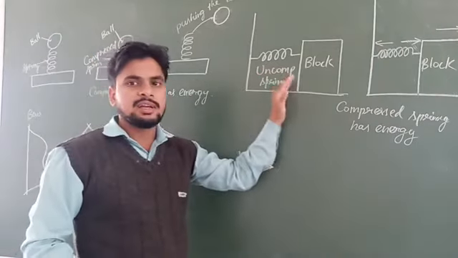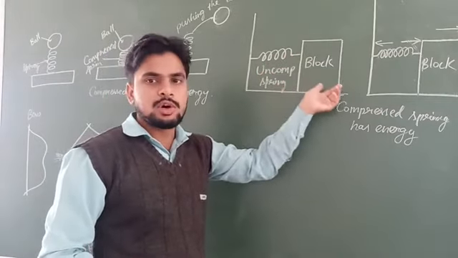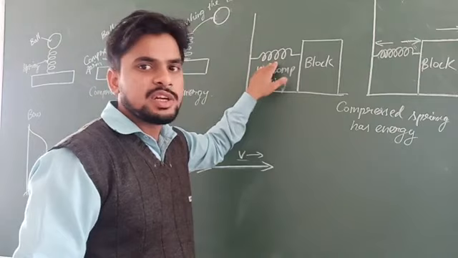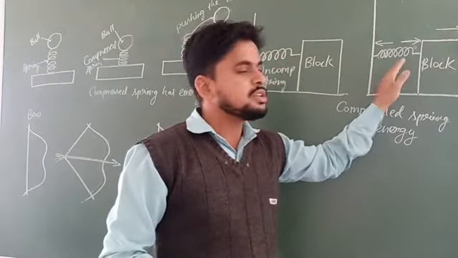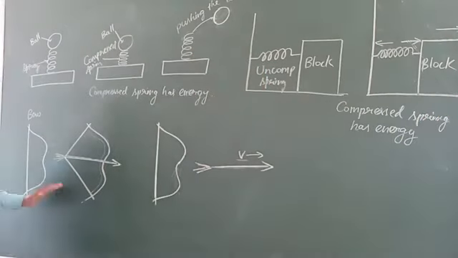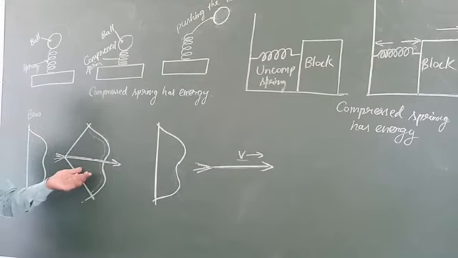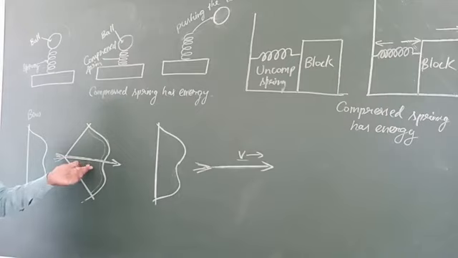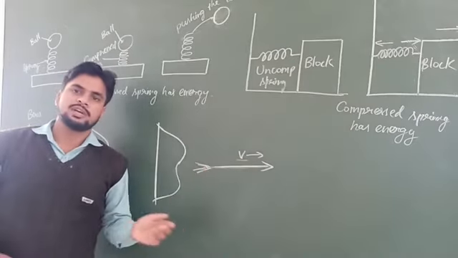In this example again, initially the spring has no energy so that it can push the block, but when its configuration, that is shape and size, is changed, it got some energy and it pushes the block. In the third example again, the original bow has no energy so that it can throw out the arrow, but when the shape of the bow is changed by stretching, then it got some energy, and that energy is imparted to the arrow so that the arrow starts moving in forward direction.